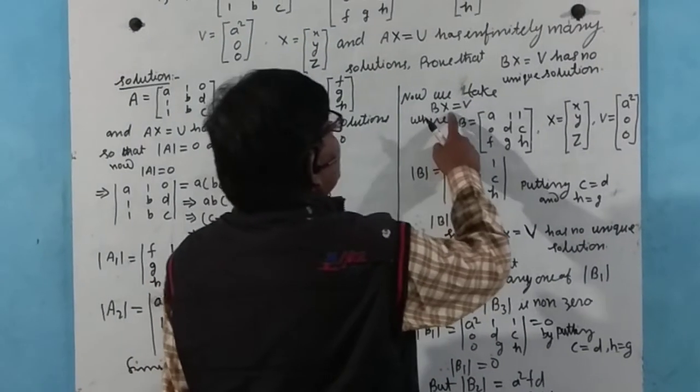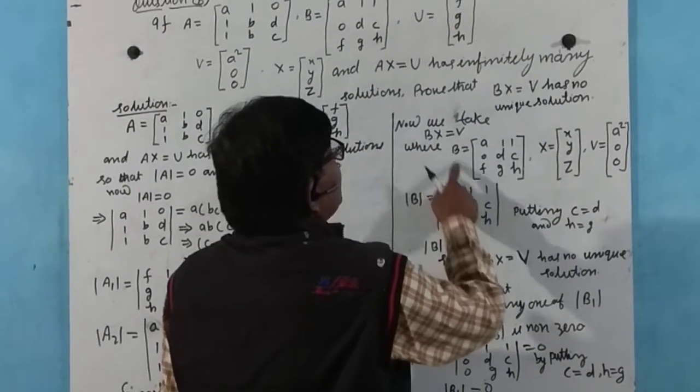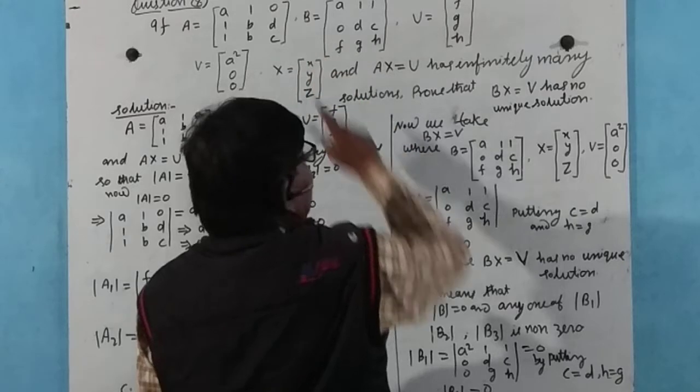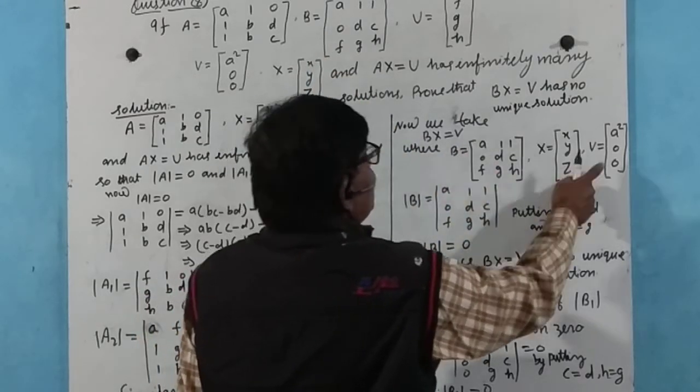In this case, BX equal to V, here X is equal to this and V is equal to this.